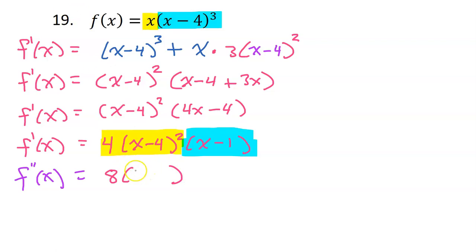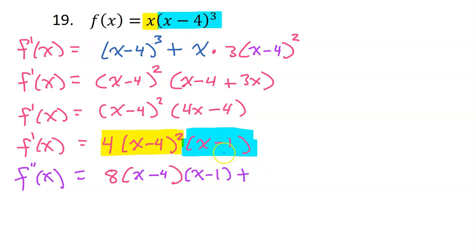times x minus 4. So that's the derivative of the outer function. Normally I would now multiply by the derivative of the inner function, but that's just a 1. So I don't need that. And I can leave the second part the way it is. And then I put a plus. And you go through it again.